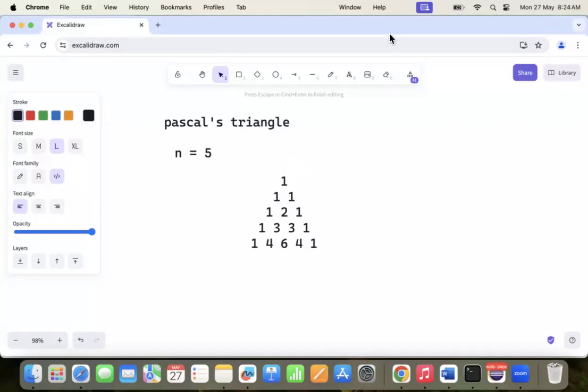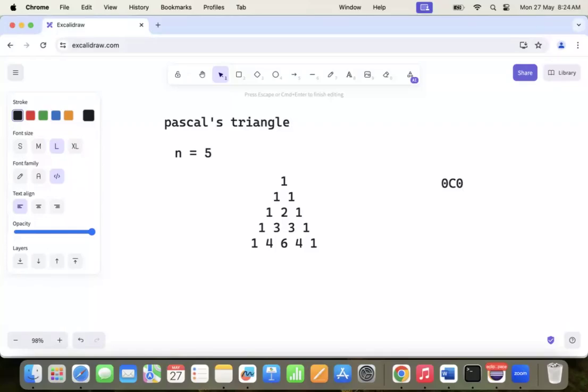Let me write here the equivalent one. The first one, folks, just understand, is something like 0C0.